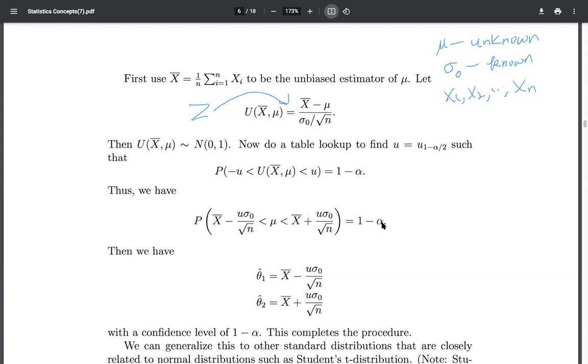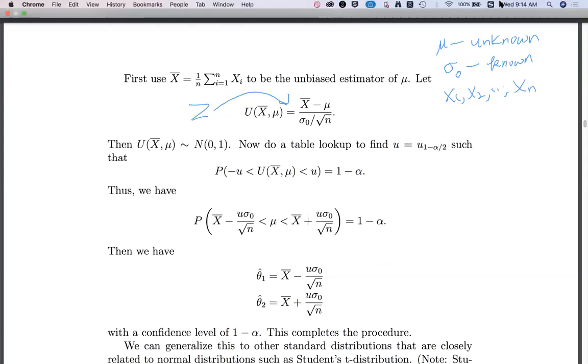If alpha is 5%, then my level is 95%. So in other words, I use this to estimate mu. I get a lower bound here and an upper bound here, so that the true value we want to estimate is in this range, with the confidence level of 1 minus alpha. Basically that's what this means.